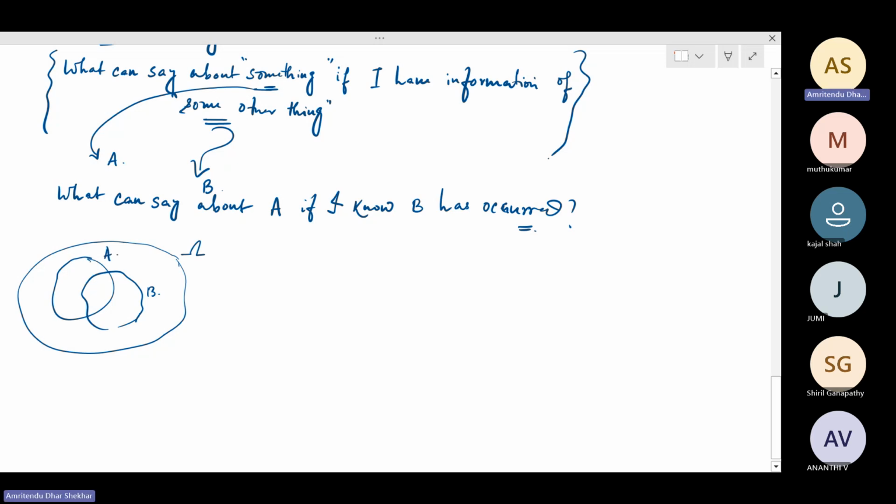So when I say, what can I say about A? A is a set. A is not a point in omega. It's a set of points which constitute that event.